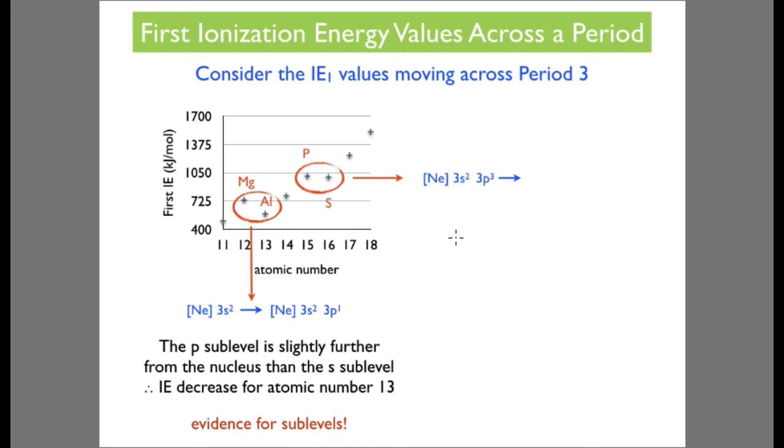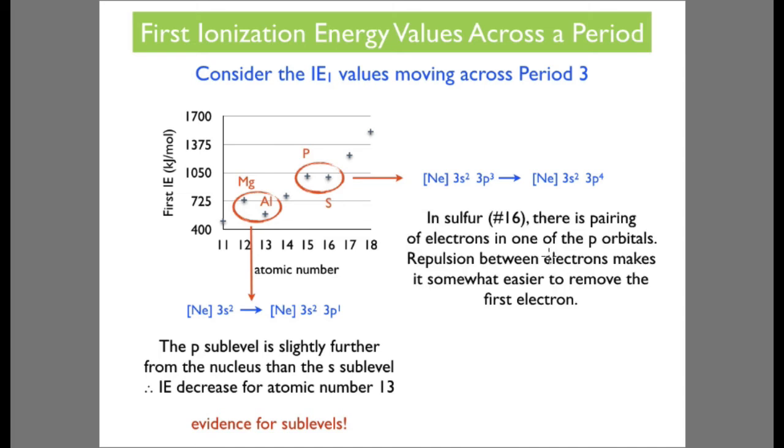Phosphorus to sulfur. Phosphorus, 3s2, 3p3, going to, for sulfur, 3s2, 3p4. So there isn't an added sublevel this time. What's going on? Well, in sulfur, atomic number 16, there is pairing of electrons in one of the p orbitals.